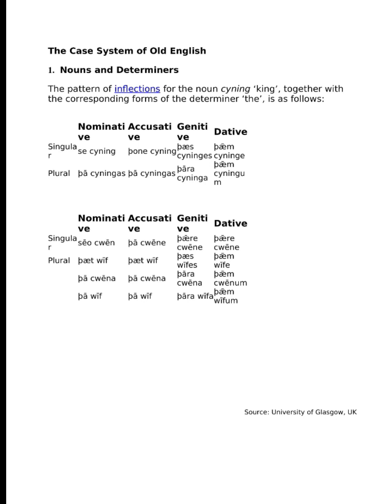We can also see how se cyning changes in the plural form as well when it changes from nominative to accusative and from accusative to genitive and then dative cases.